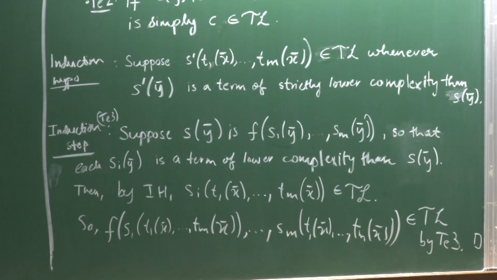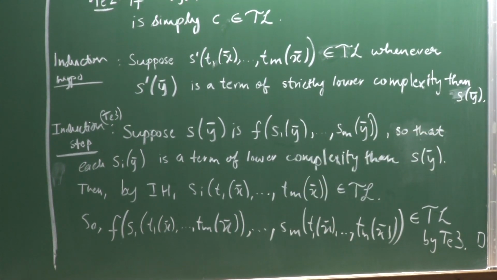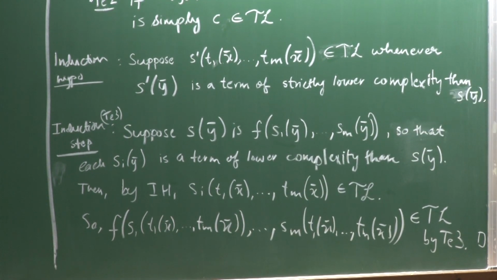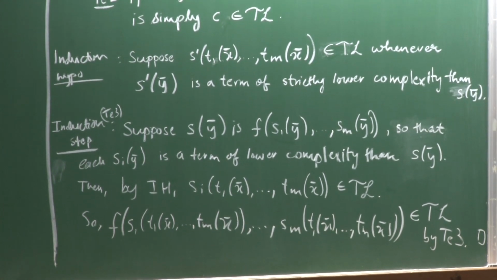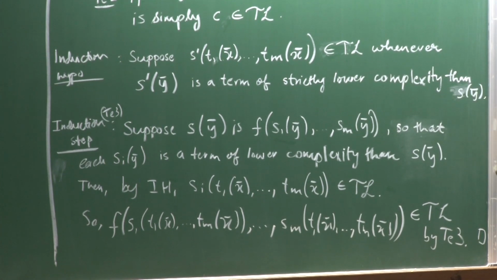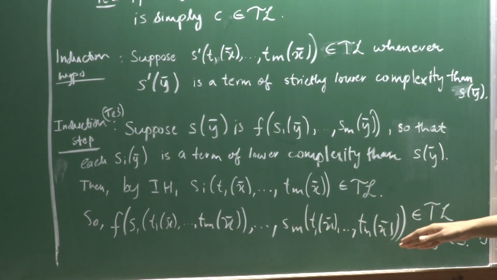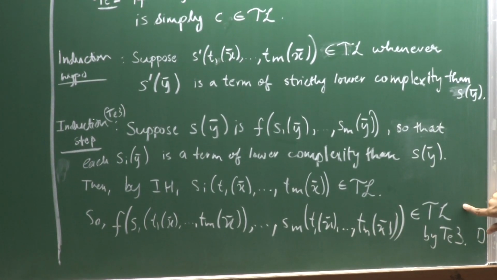And therefore, by TE3, if f is a function symbol and f of T1 x bar, dot dot dot, Tn x bar are terms, then the resulting thing is also a term. So you use TE3, and you get that this is also a term.